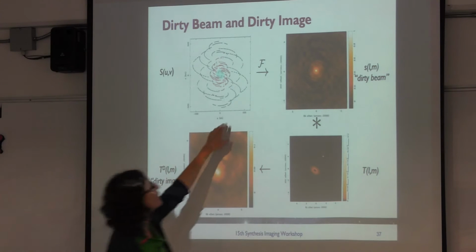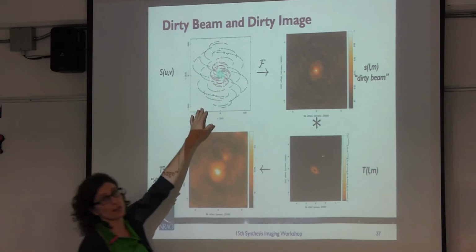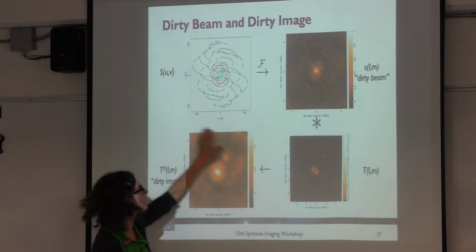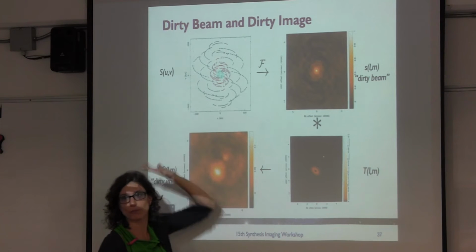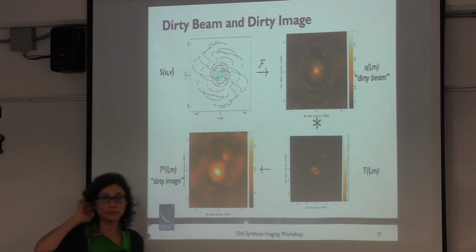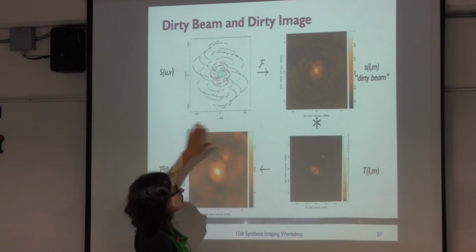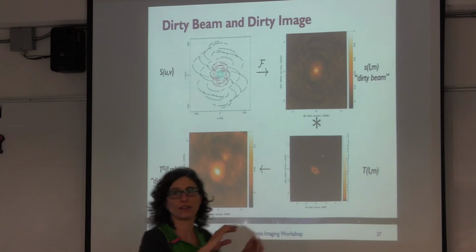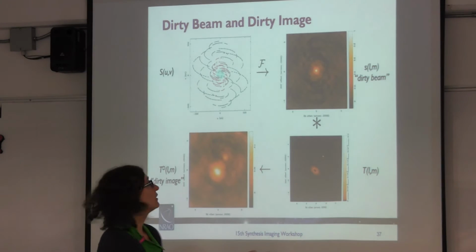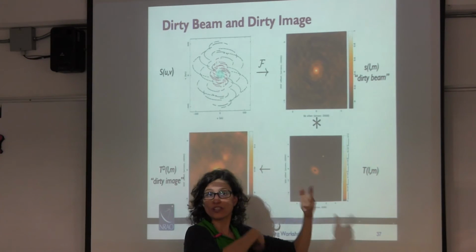So that would be the dirty beam for such a coverage of the UV plane. Ideally, if we had all of it covered, all of it black, here you would have a perfect point source. If you are not allowing a lot of time for the Earth to rotate, then you are losing spatial information.